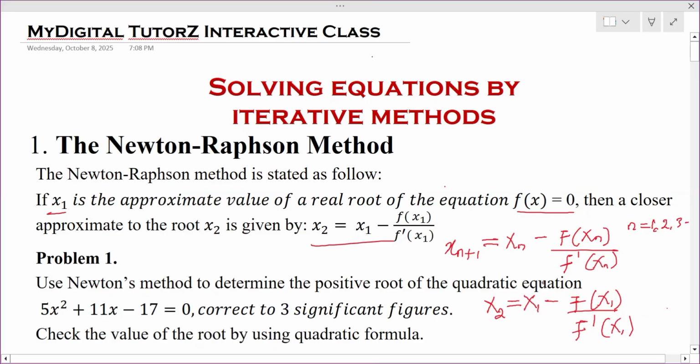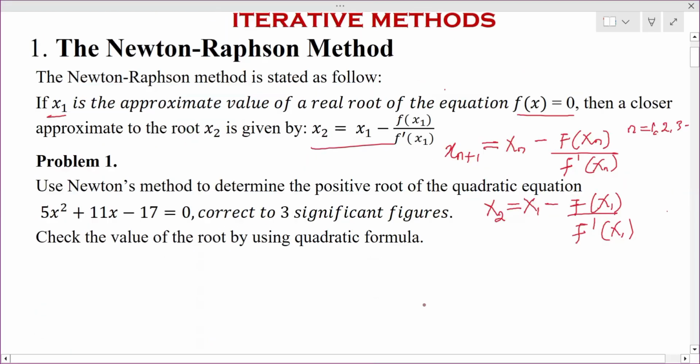So this is how you're going to iterate until a certain condition is met, then you stop and conclude that the correct approximate value has been found. Are we together? So that is what we are going to be using to solve a series of problems.